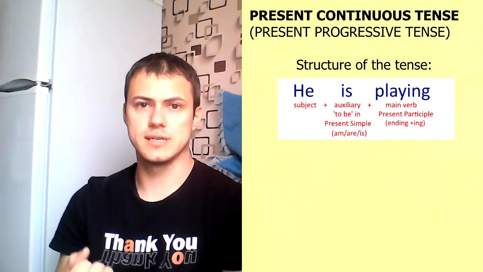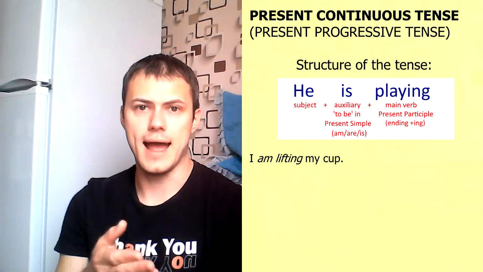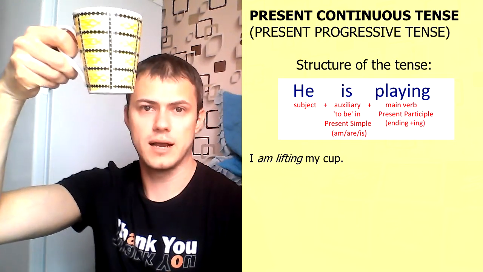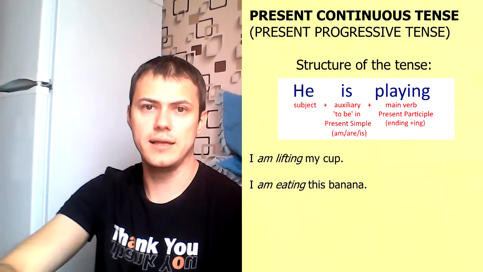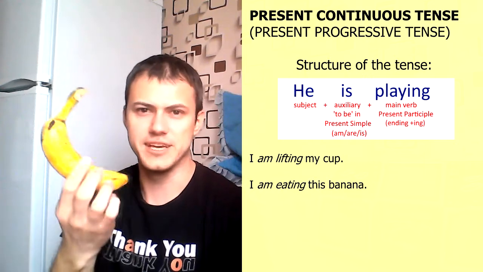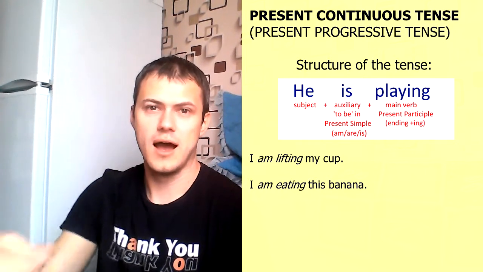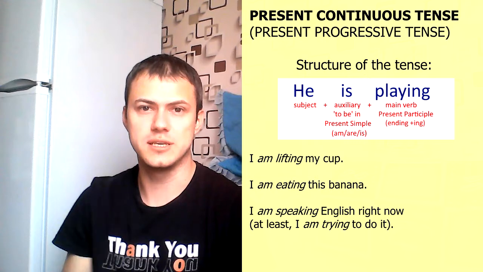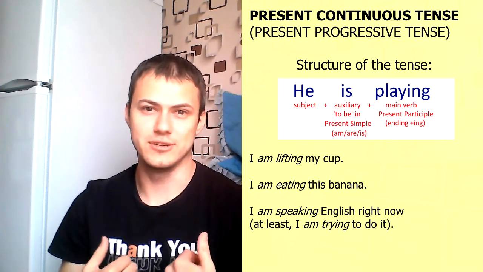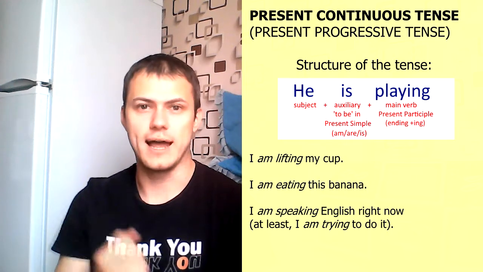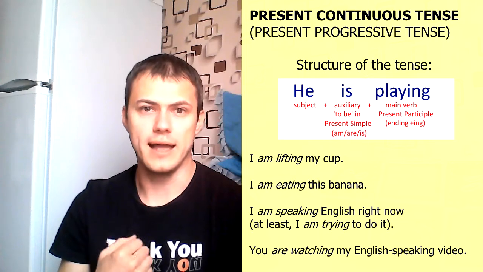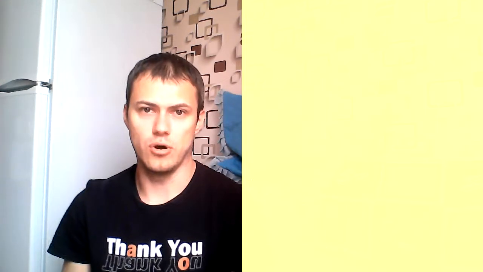So, for example, I am lifting my cup. I am eating this banana. I am speaking English right now. At least I'm trying to speak English right now. You are watching my English speaking video.